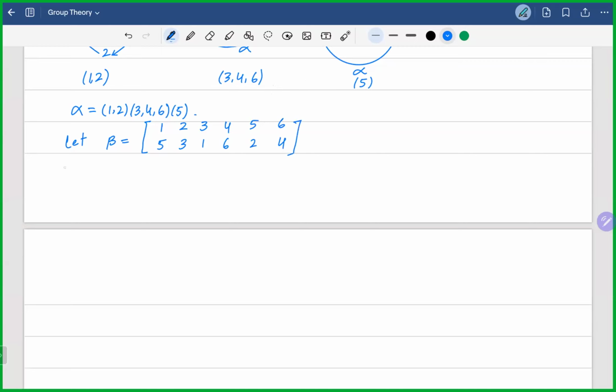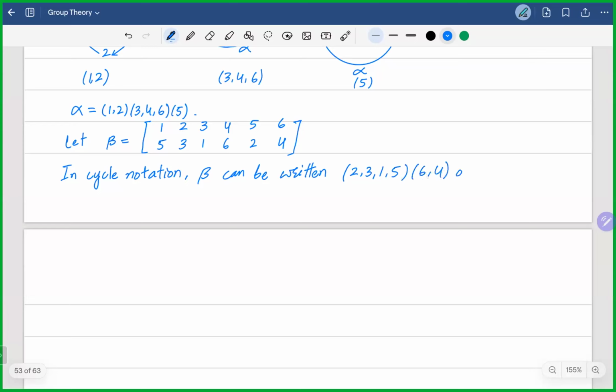Now in cycle notation, beta can be written as (1 5 2 3)(4 6), or it can be written as (4 6)(3 1 5 2), since both of these unambiguously specify the function beta.